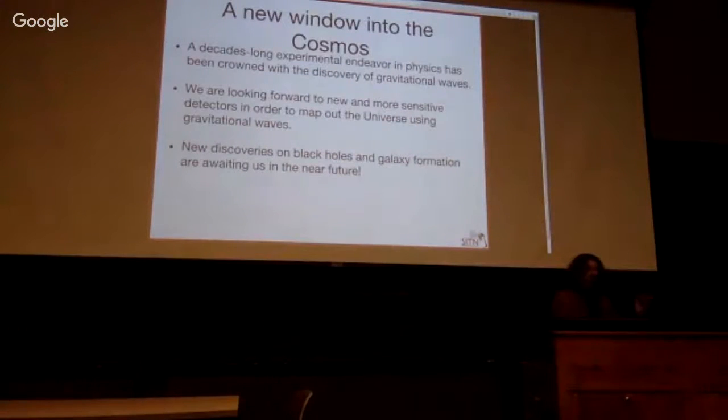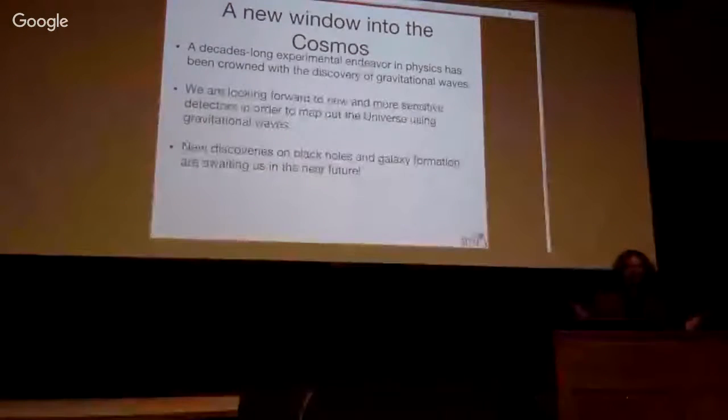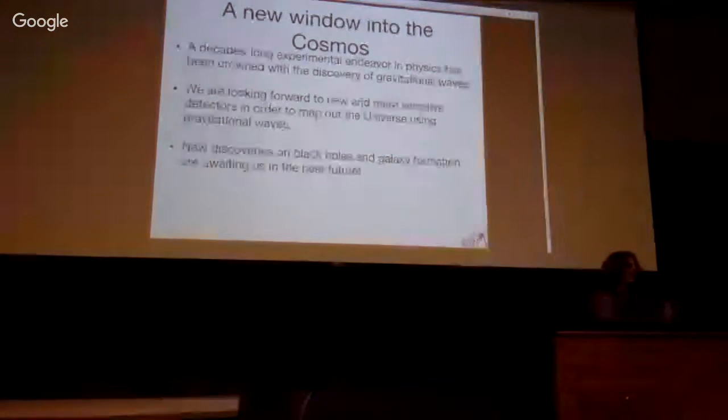So what's next? Well, now that we've detected a gravitational wave, we are all set to detect more and more of them, and finally try to understand the universe through the glasses of gravity. And that's the next step, basically.